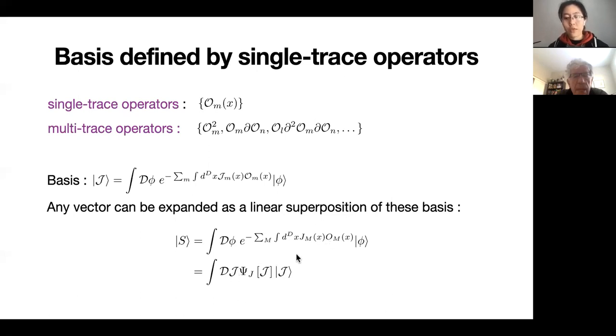If the vector is constructed by single-trace operators only, then the coefficient is a delta function, meaning the single-trace source doesn't fluctuate. But if the operator contains multi-trace operators, then the coefficient has a finite width, meaning the single-trace source actually fluctuates.